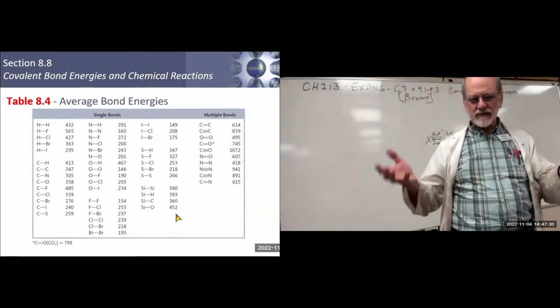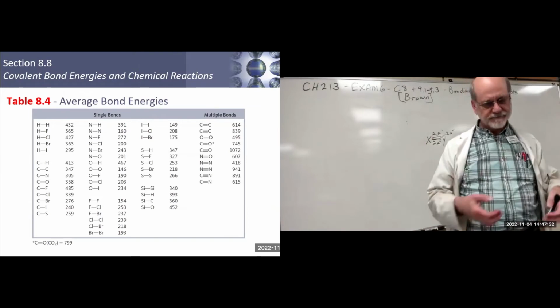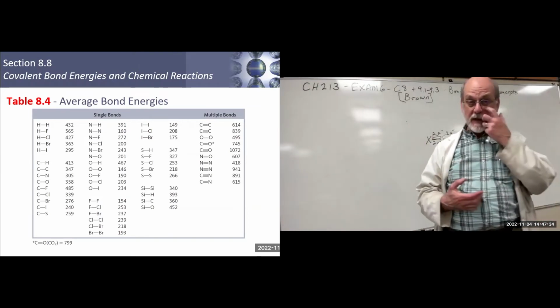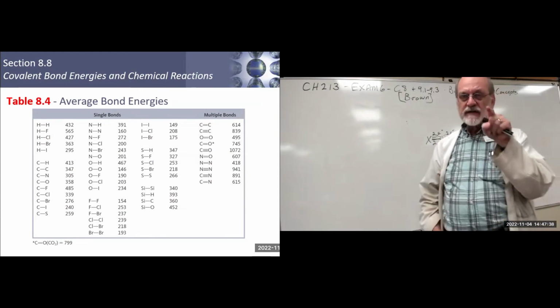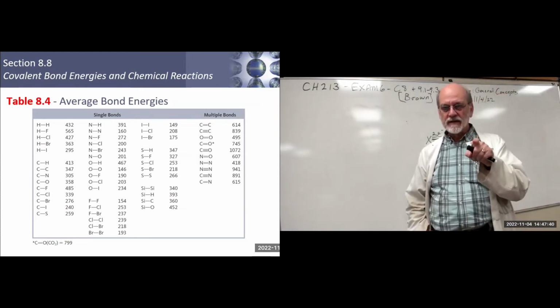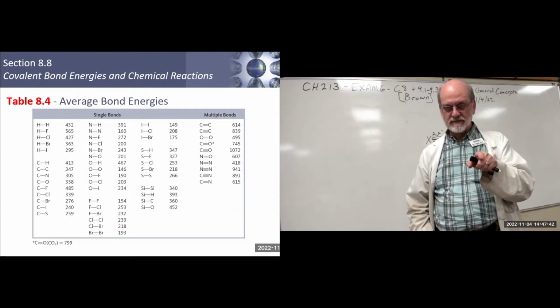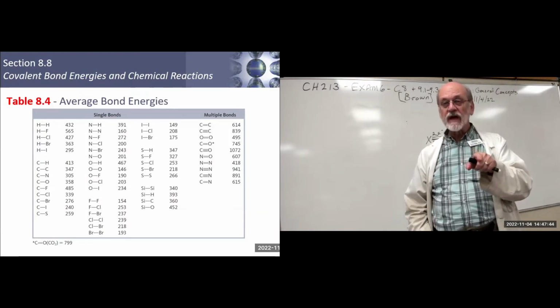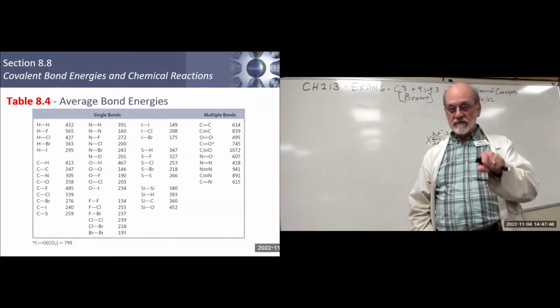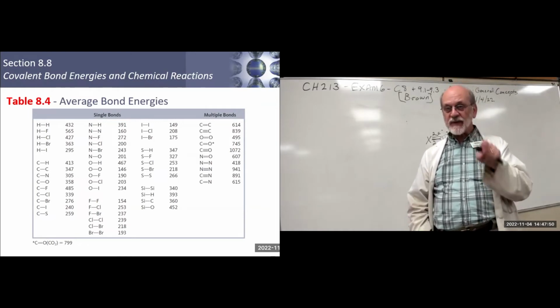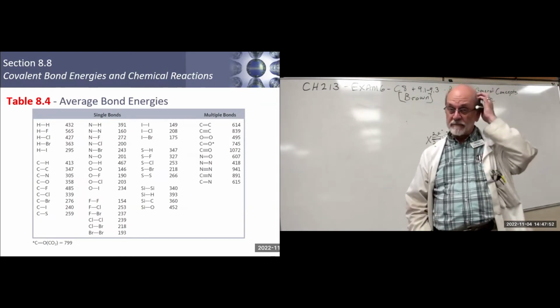Right now, why are we doing this? We're doing it because we can use these bond energies to calculate the enthalpy of a chemical reaction. All we have to know is how many of what types of bonds, and we can calculate what the expected enthalpy of that reaction will be.